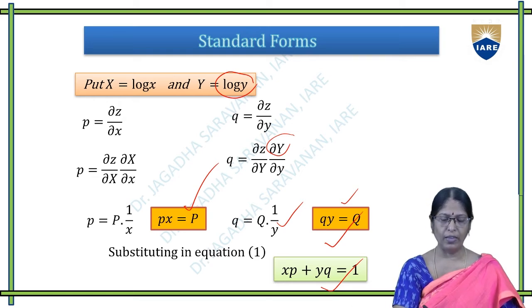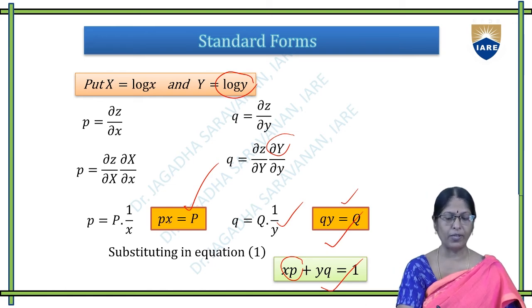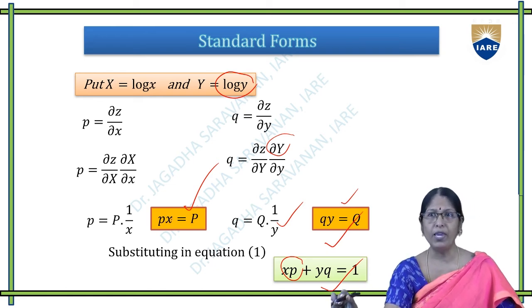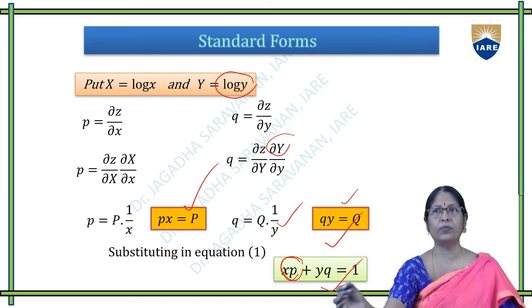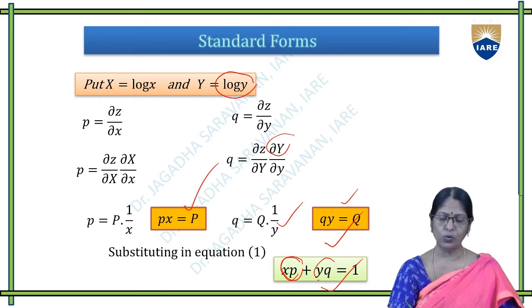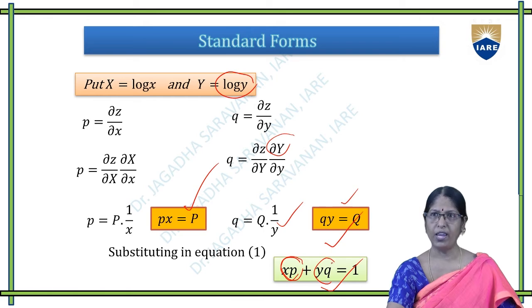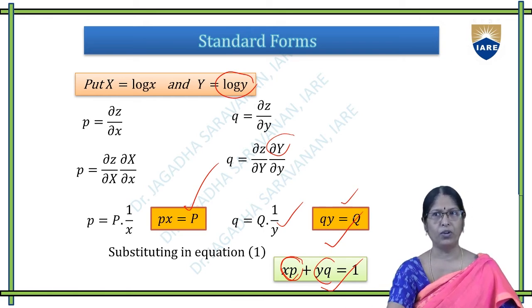If we replace this xp, that's the reason capital P equal to px. In our given question, px we can replace by capital P. Based on this idea, this simplification is done. In the same manner for yq, we set capital Q equal to qy.